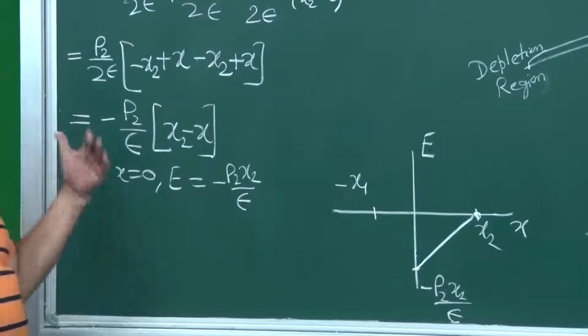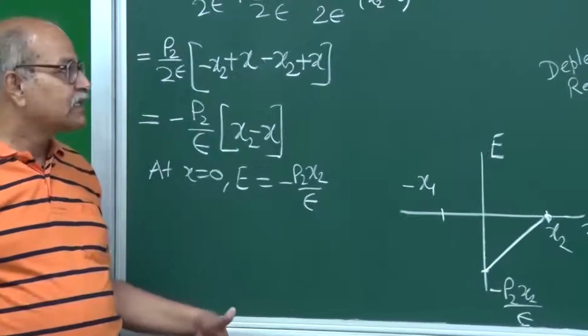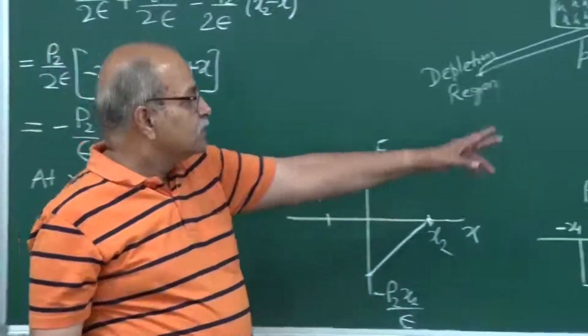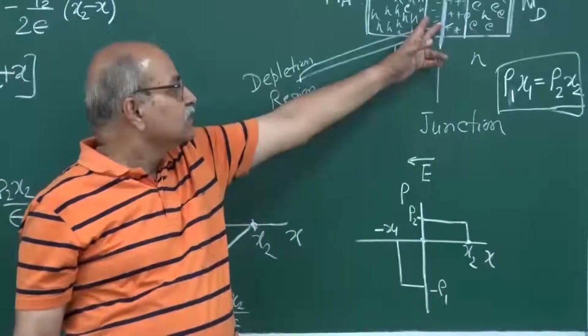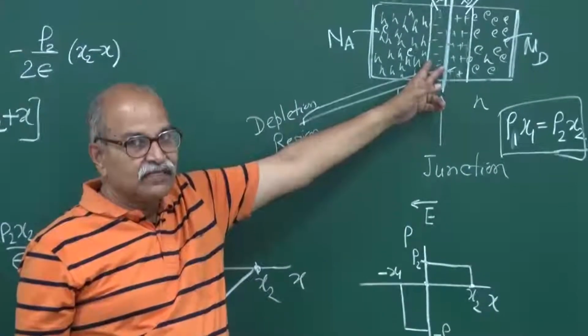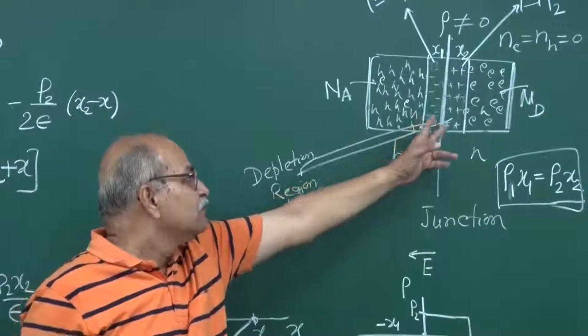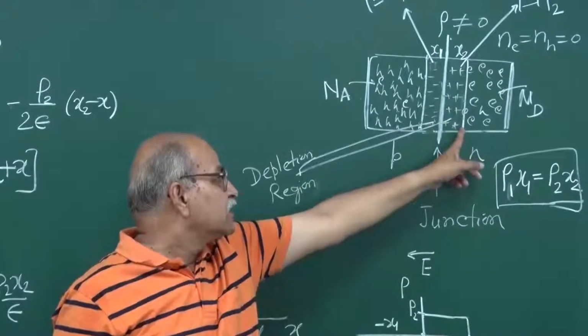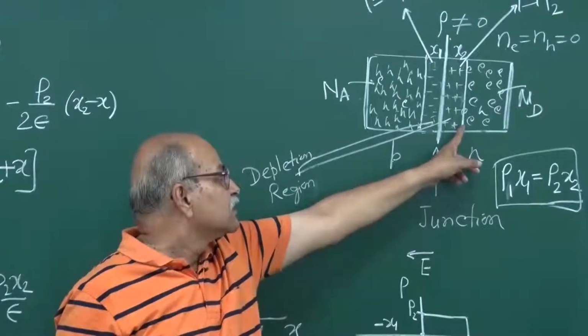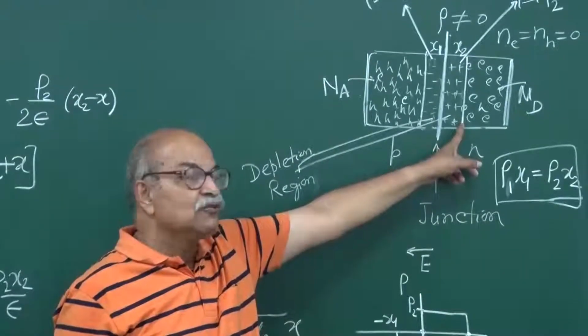You can do a similar calculation for the electric field in this other region and you can just guess what it will be. When I did this, I got the electric field at x equal to x2 as 0.